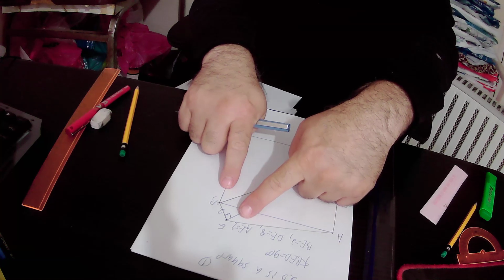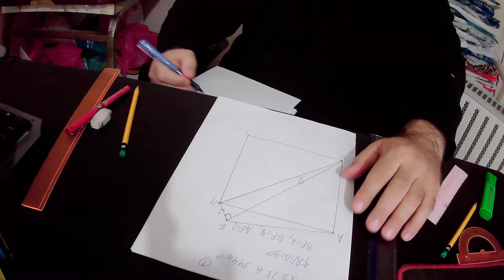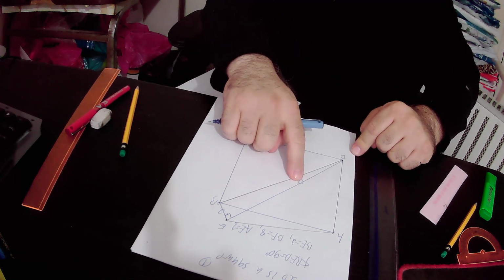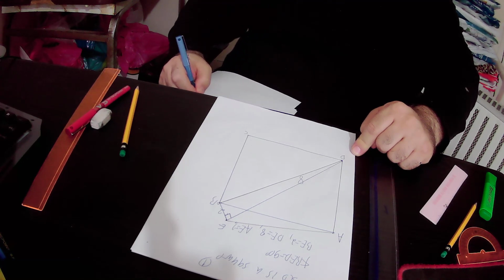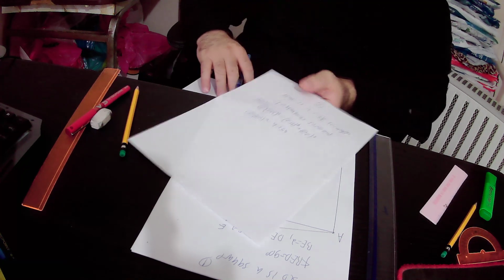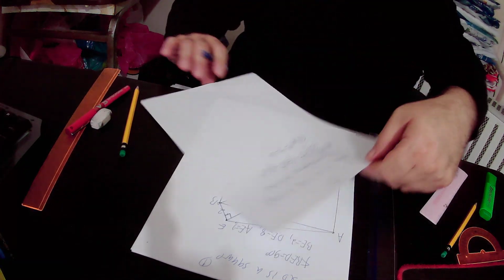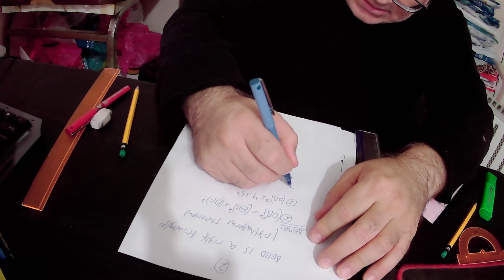EB equals 2, so EB square is 2 square, which is 4, plus DE square. DE equals 8, and 8 square is 64. So we got that DB square equals 4 plus 64, that is actually 68. DB square equals 68.